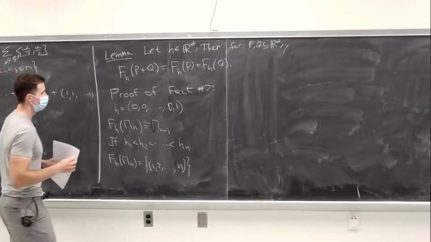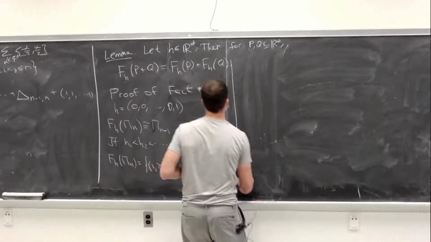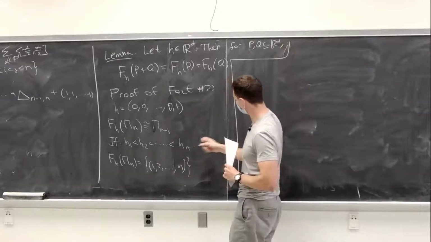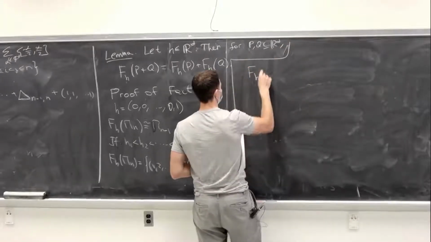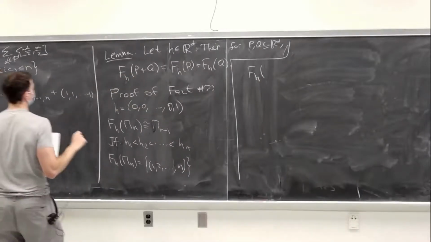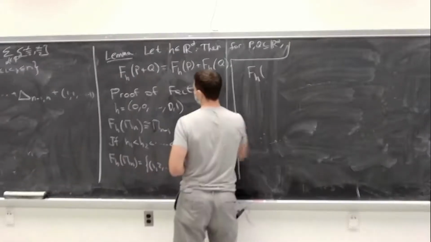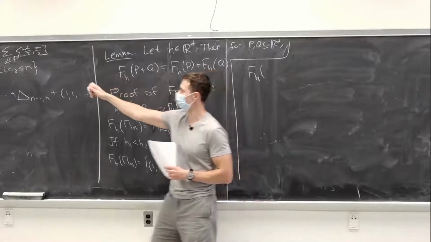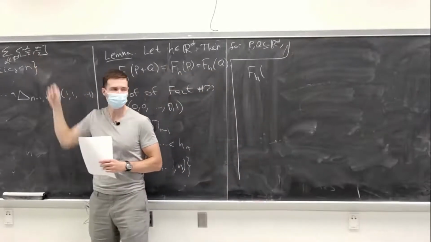Okay, let's find F_h of the reference. If h is generic and satisfies this condition, then F_h of the... yeah, let's even try, because we have the lemma, right? So we can take just a single line segment here.